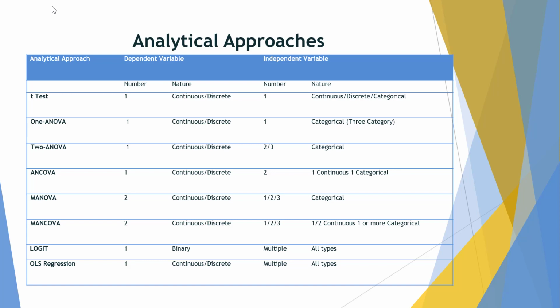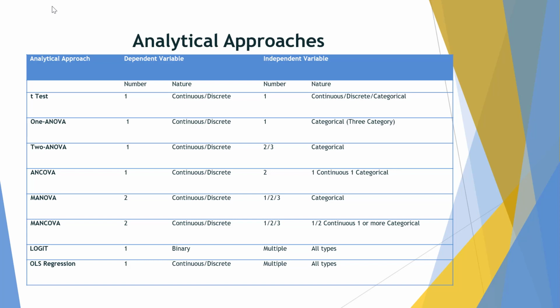Later I will show you that there are three types of T-test. For one-way ANOVA, it means you have one dependent variable that is discrete or continuous and one independent variable that is categorical, with two or three categories. Of course you can do that, but sometimes when you have two categories, you can as well just go back and do a T-test.